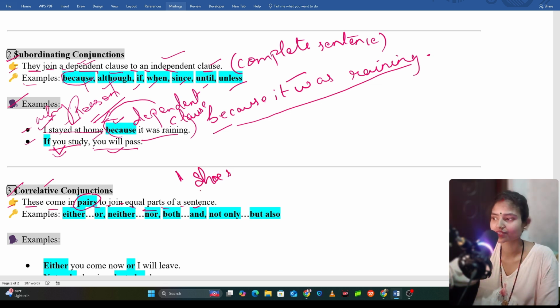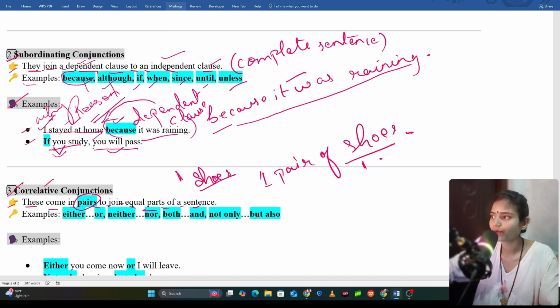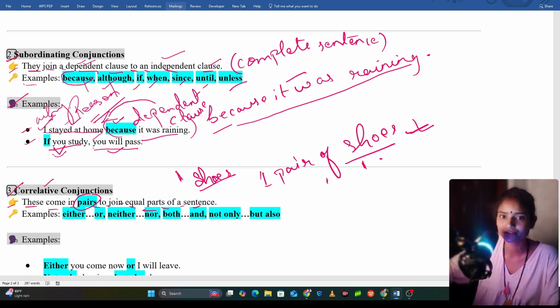If there is one pair of shoes and one shoe is lost, and the other one is with you, it is not going to work. It is only going to work when there are two shoes. Means one pair should be there.